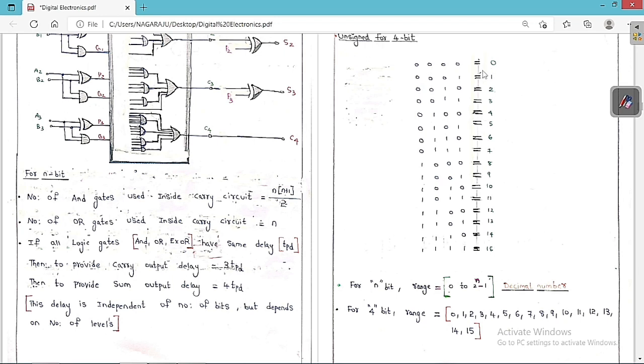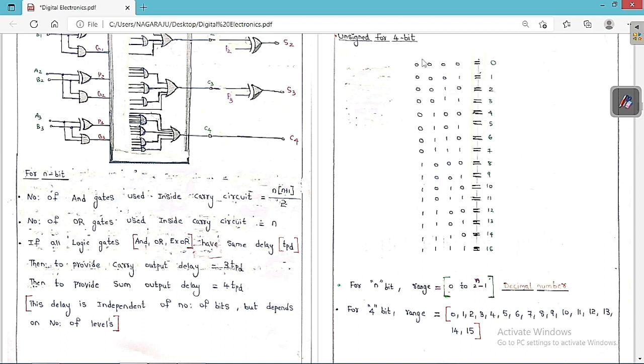You can see the decimal numbers 0, 1, 2, 3, 4, 5, 6, 7, 8, 9, 10, 11, 12, 13, 14 and 15. These are the corresponding binary representations for these decimal numbers.